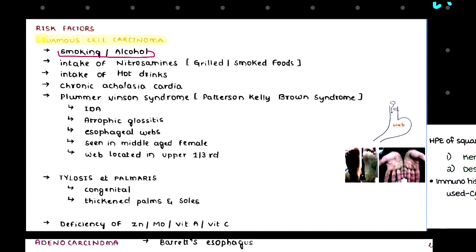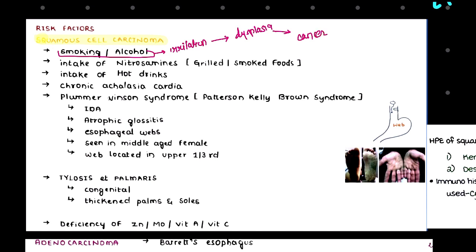Now what do smoking and alcohol do? They cause irritation on the squamous lining of esophagus. This irritation can give rise to dysplasia, and finally this dysplasia can eventually lead to cancer.